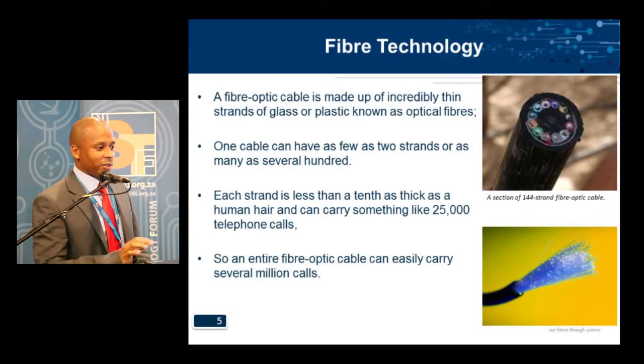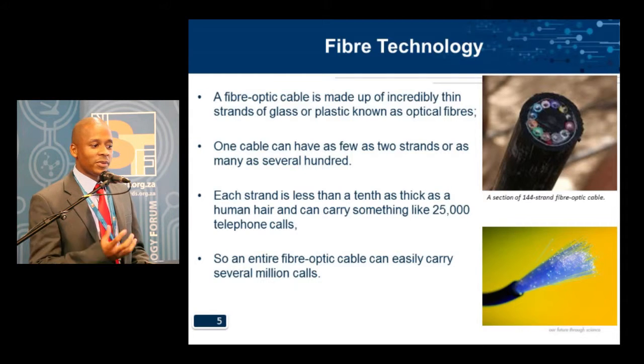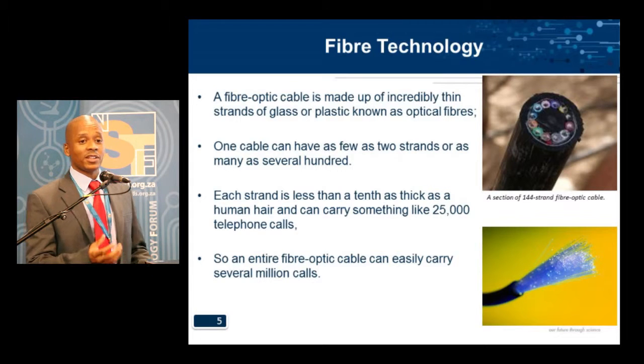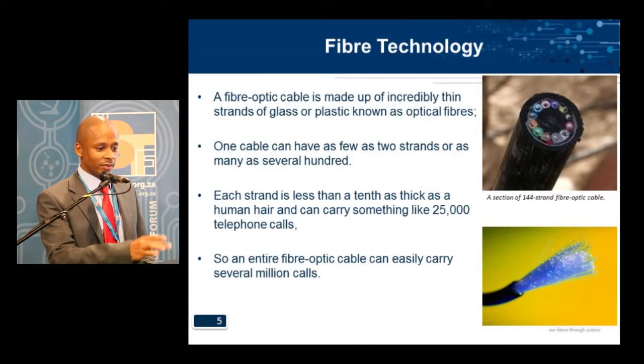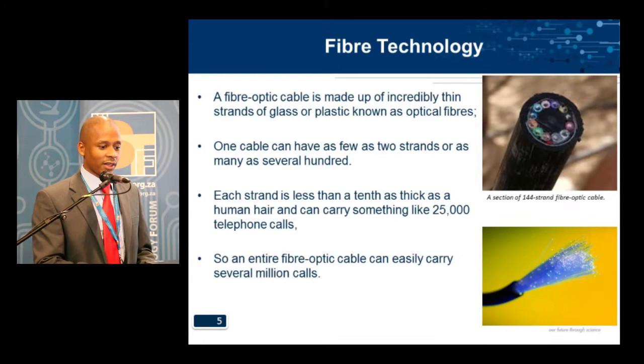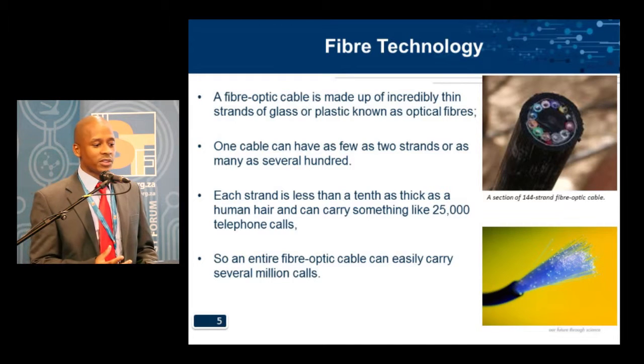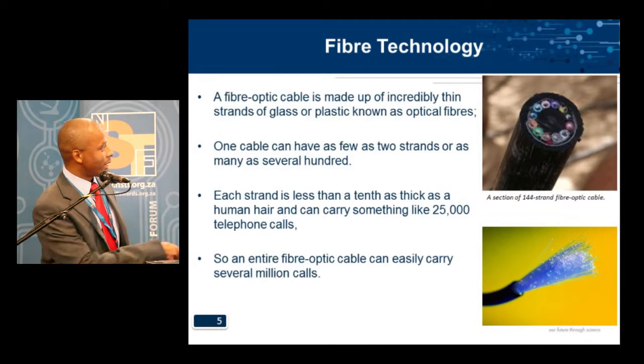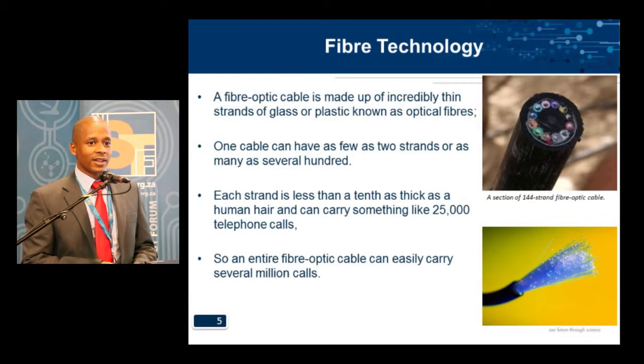So what is fiber technology? A fiber optic cable is made up of incredibly thin strands of glass or plastic known as optic fibers. That is a fiber cable. It has about 144 strands of optic fiber, and one cable can have as few as 2 strands to as many as several hundred. And that is how they look, small strands.